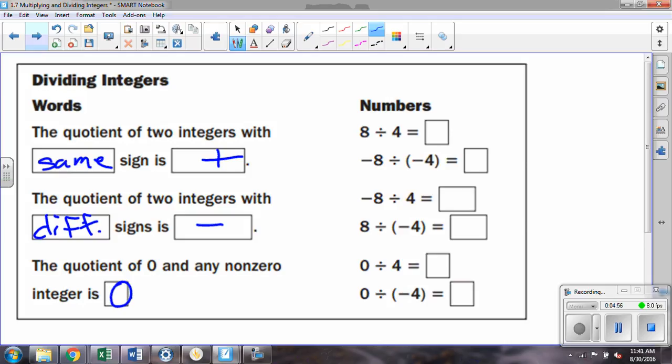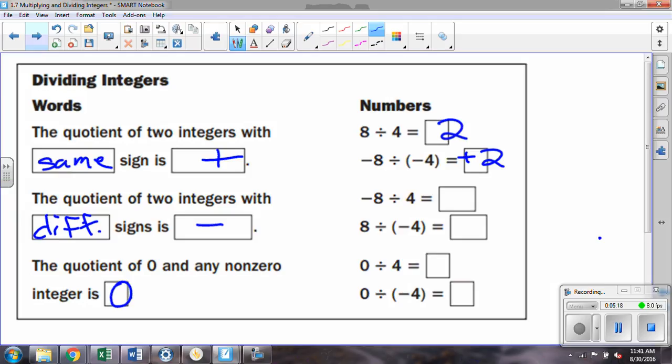So when we start crunching our numbers, 8 divided by 4 is 2. Negative 8 divided by negative 4, because the signs are the same, it's still positive. When the signs are different, that's when you get a negative.